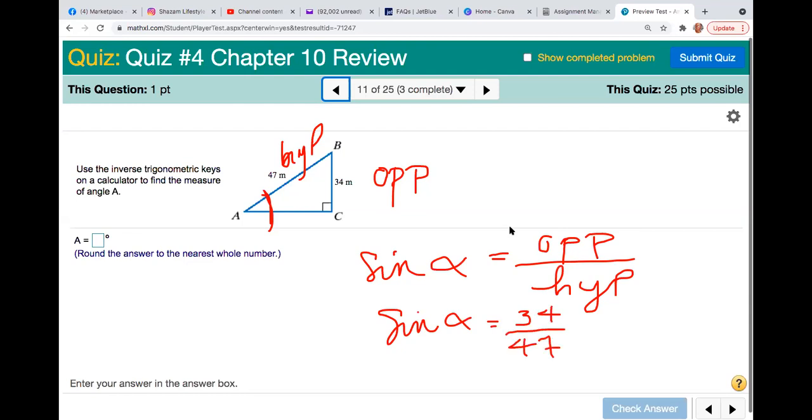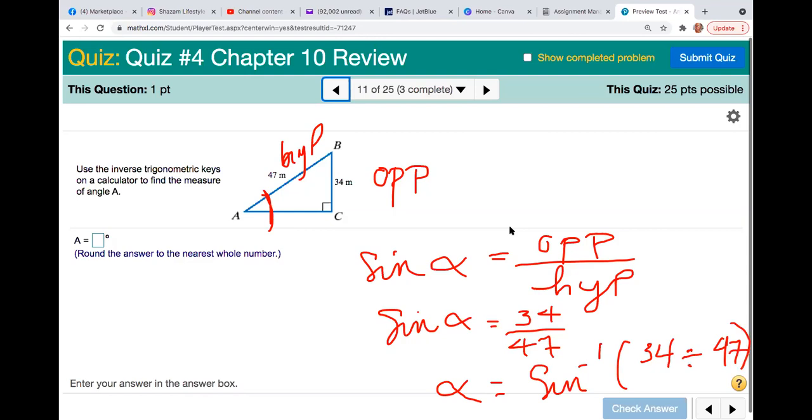Since we're trying to find the measure of the angle, we have to do the inverse. So this is your template: the inverse of sine, that's what that -1 means, and then in parentheses, 34 divided by 47.